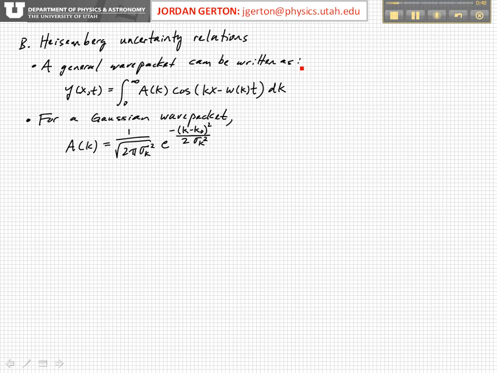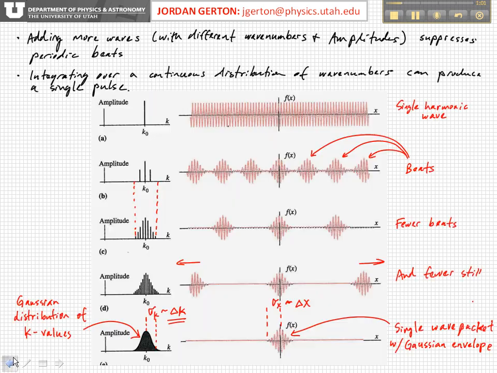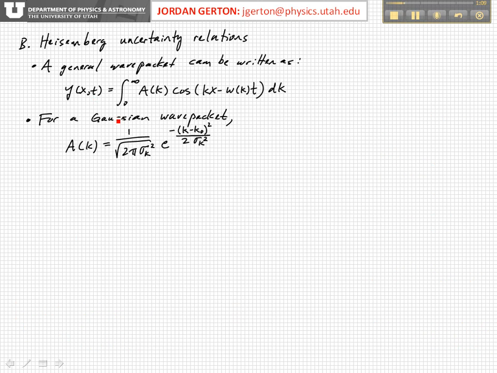So in general, a wave packet can be written as an integral over amplitudes. The amplitude is what's multiplying here. The amplitude a of k is just the distribution of k values, times some harmonic function, and in the most general case, we would write this as e to the i(kx minus omega t).